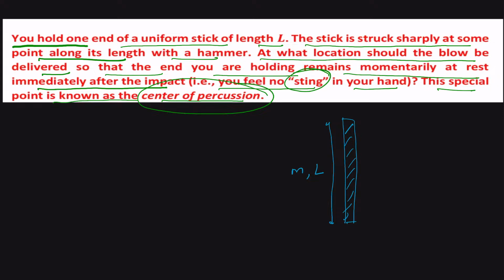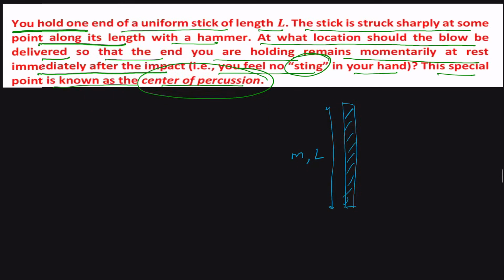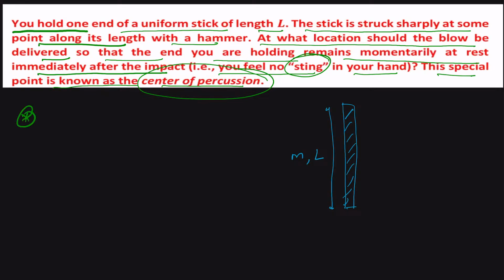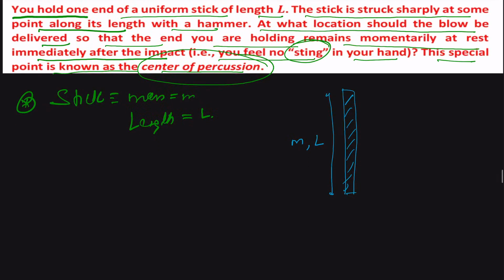So we have a stick whose mass is m and length is capital L. And in this case the hand is like a pivot point.